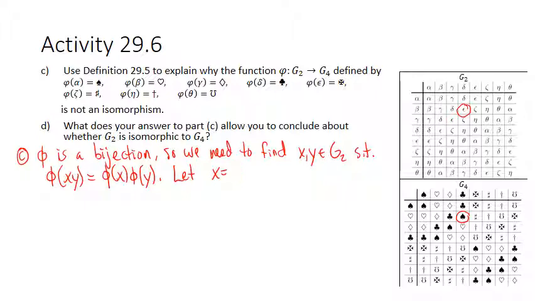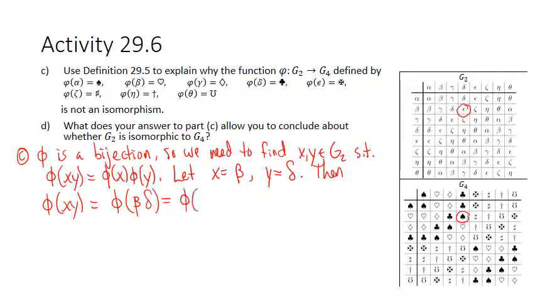So x is going to be beta, and y can be delta. Then phi of xy is going to be phi of beta delta. What is beta times delta? That is epsilon, so it's going to be phi of epsilon.